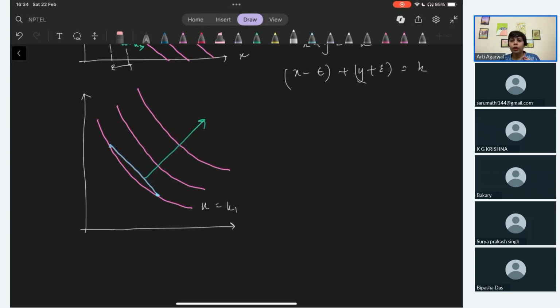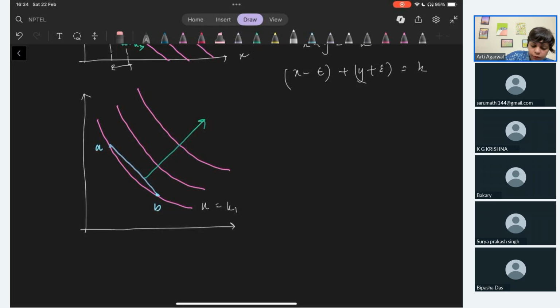So when we talk about convex preferences, what we mean is that a combination of two bundles is always more preferred than just one bundle alone or one good alone. So like good A and good B don't have a very balanced proportion of the two goods, right?